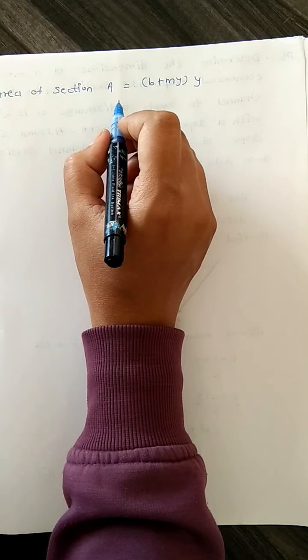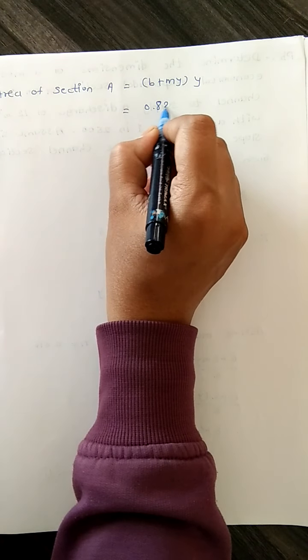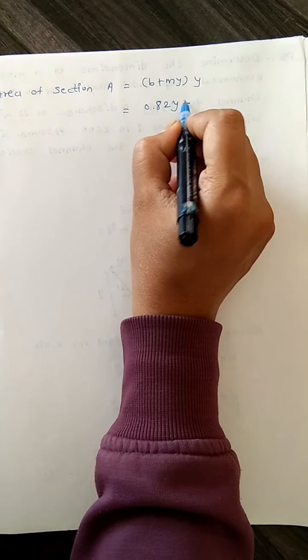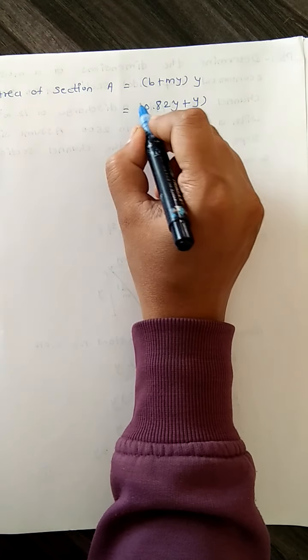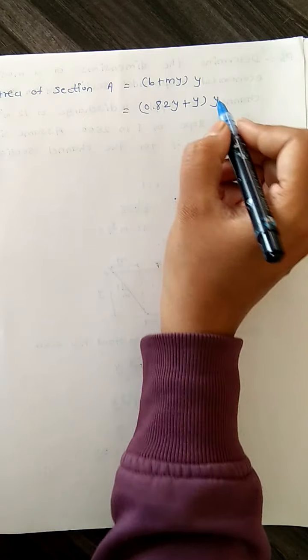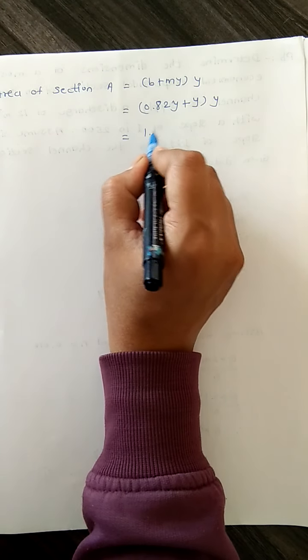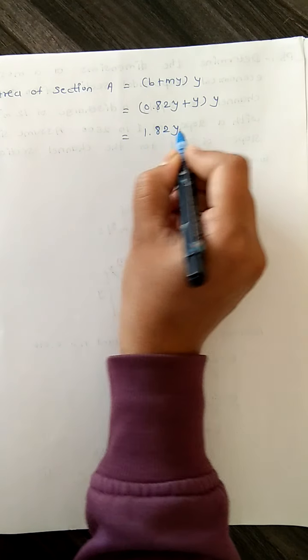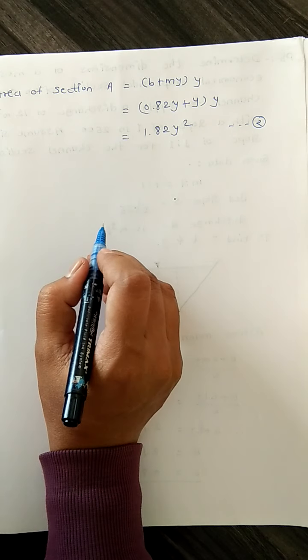So we put the values again. B is nothing but 0.82 y plus m is 1, so 1 into y, bracket complete, into y. So after solving this equation we get 1.82 into y square. This is our equation number 2.